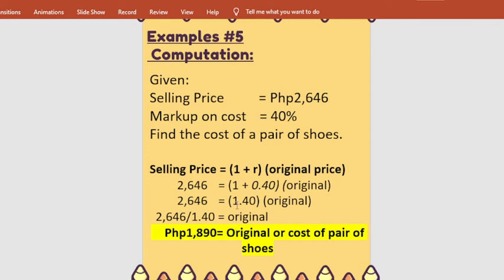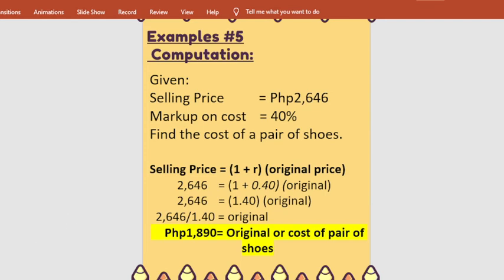So transpose this 1.40 to the other side. 2,646 over 1.40 is equal to the original cost, or cost of the pair of shoes, which is 1,890 pesos. Did you get the same answer?